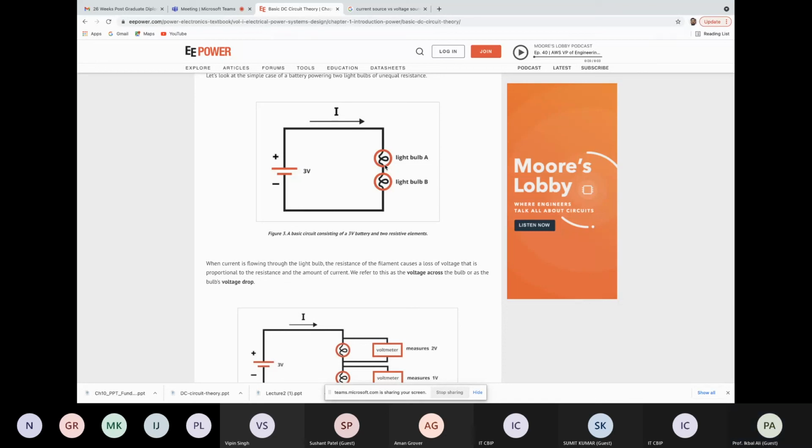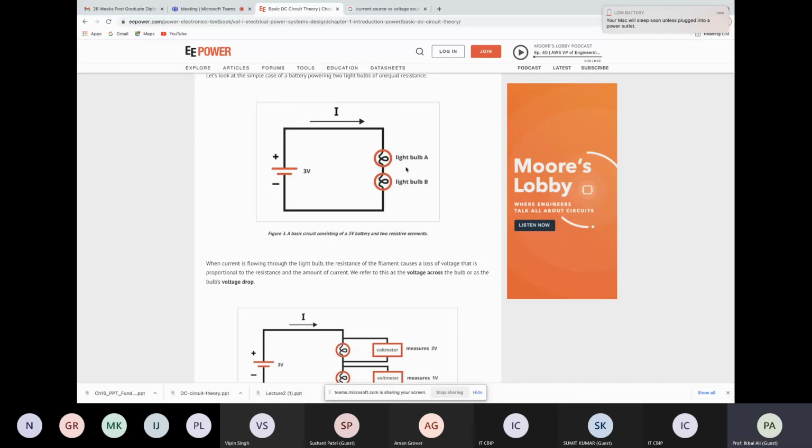And in this circuit, if 3 volts is connected across 2 bulbs, then some of the voltage will drop across bulb A, and some of the voltage will drop across bulb B. So you can see the current is the same through the 2 bulbs because they are connected in series, but voltage will be different, and that difference will be due to the difference in their resistances.